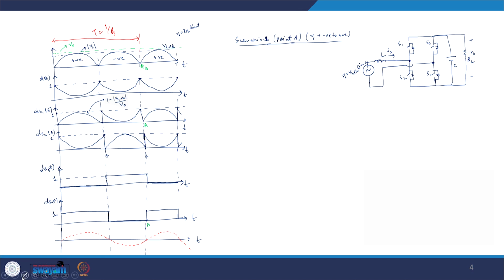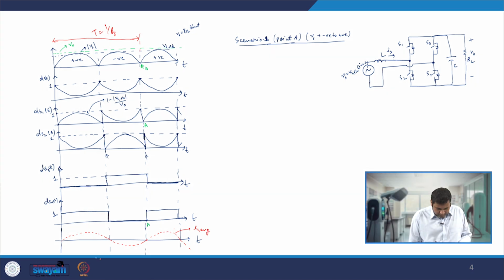It is the same as that here, which I can define as Is average, while my actual current will be of the form having the ripple over this, as we have already known from our discussion.